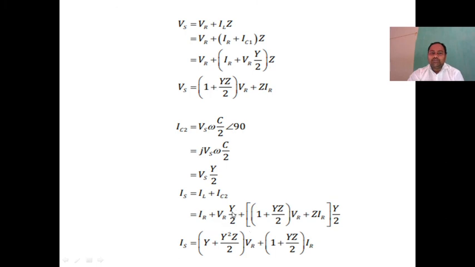Next, substitute the IL value, and also the sending end current is the sum of IL plus IC2. Substitute the remaining values.